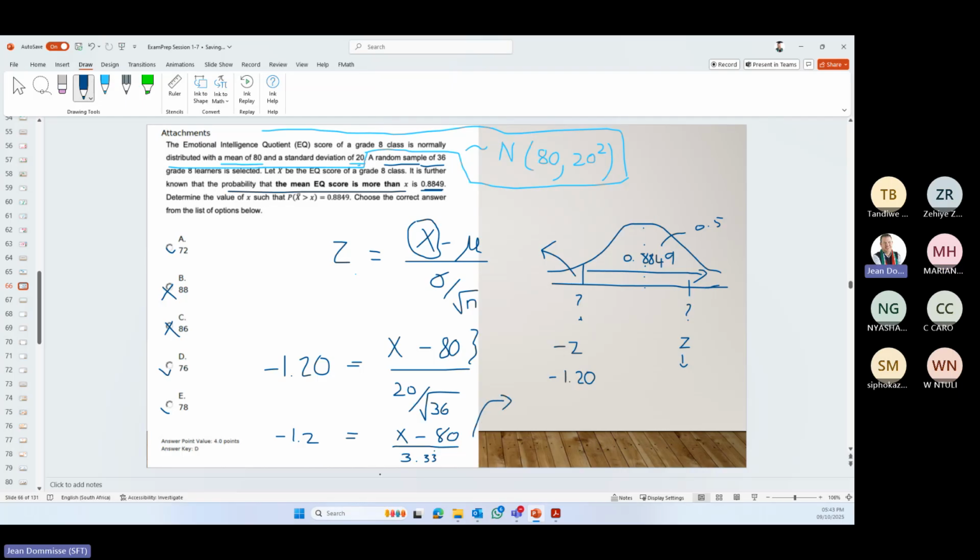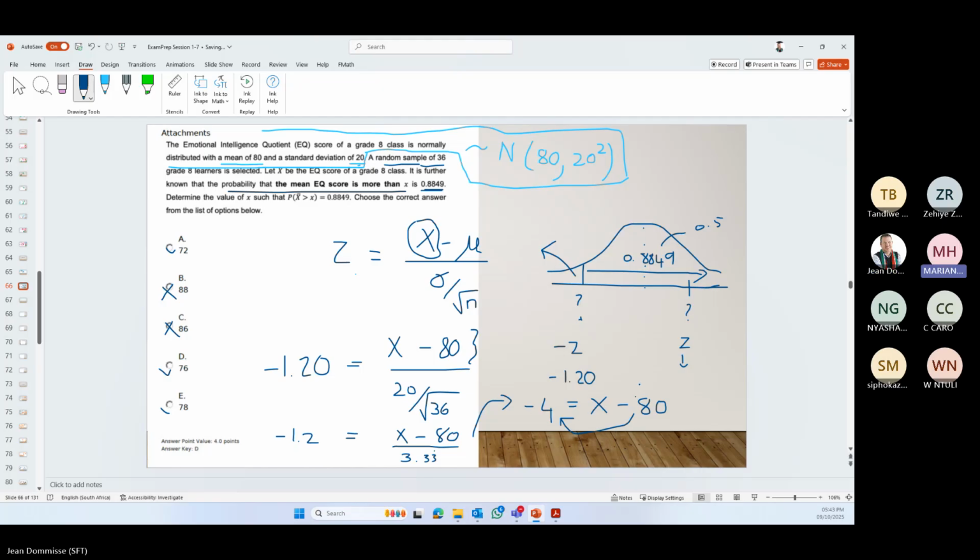So we just need to multiply on both sides by 3.33. So 1.2 times 3.33 is 4. So I've got minus 4 is equal to x minus 80. If I take this over to that side, I basically add 80 on both sides.